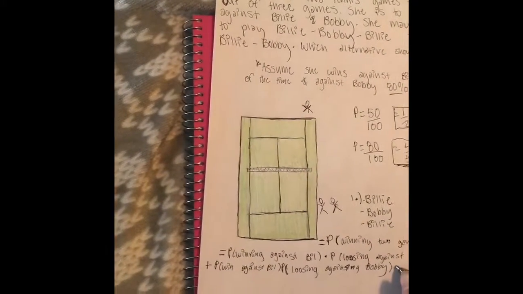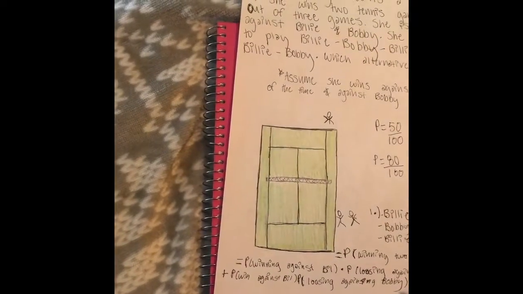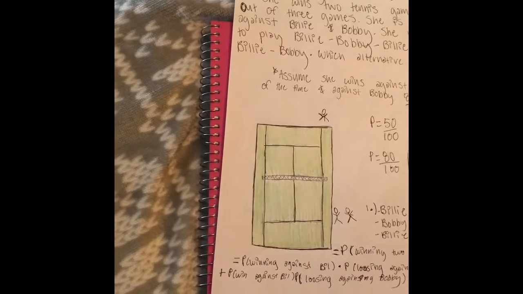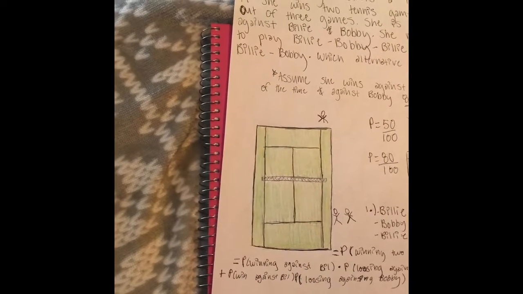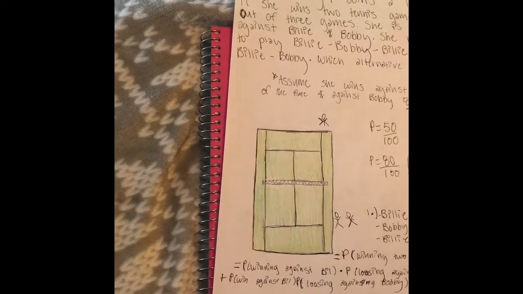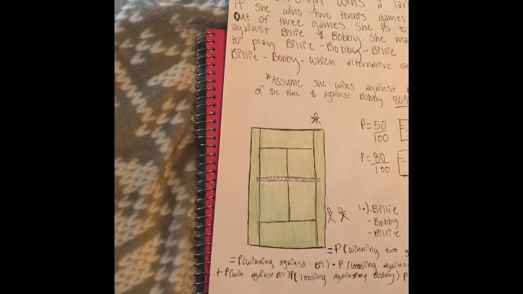So after that, we're going to multiply that by the probability of winning against Billy.